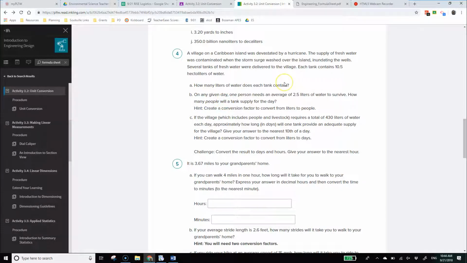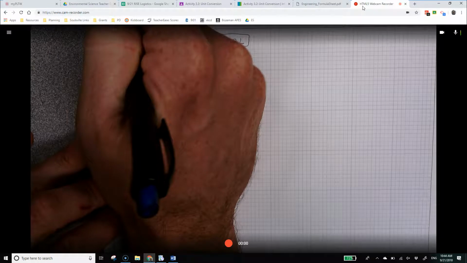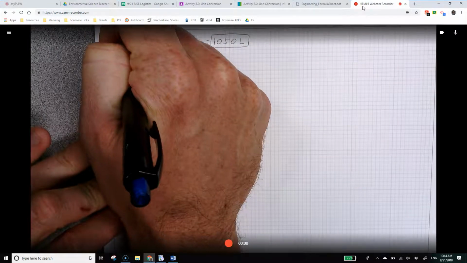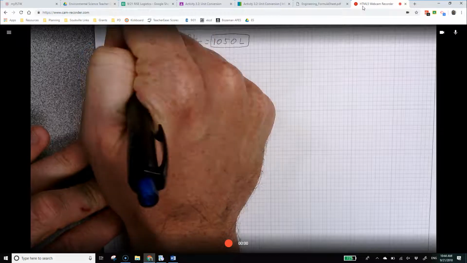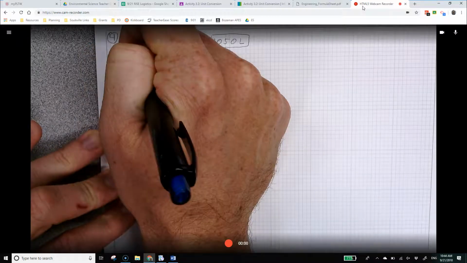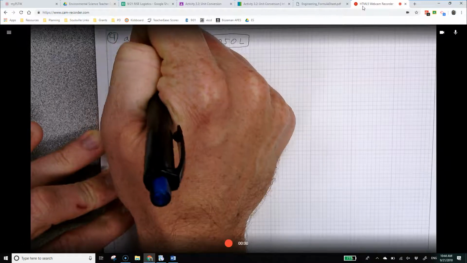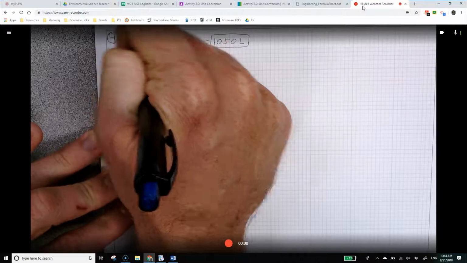So how many liters of water do I have in a tank? Based on A, 1050. So that's my starting point: how many liters of water I have in that tank. So I start out with 1050 liters.